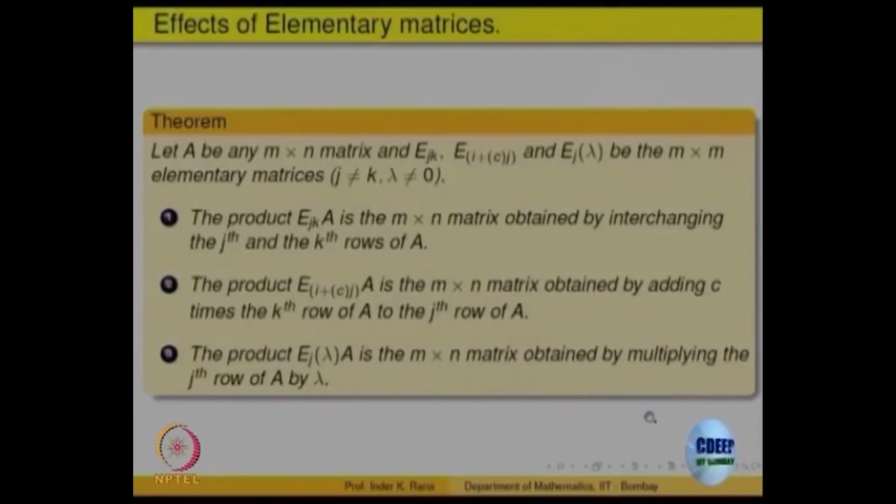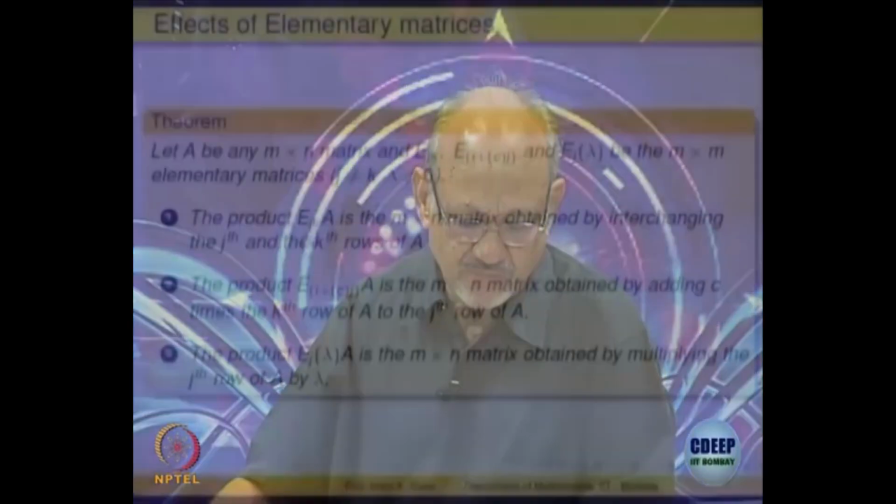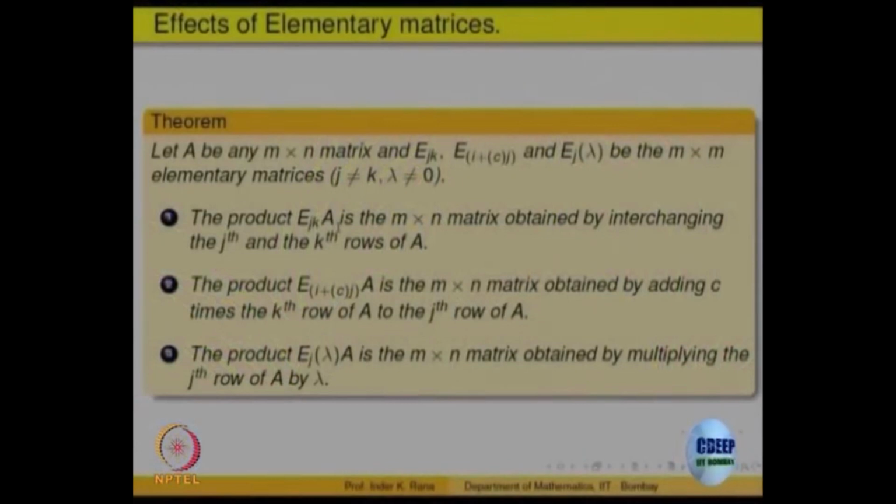Okay. So, the theorem says, we will not write down a formal proof of this, one can write down, multiply and look at the ijth entry of every matrix. So, it is only a matter of writing; we will see how we use it. So, it says the product of ejk with A, okay. A is a matrix which is m cross n, m rows n columns. So, what should be the order of that matrix ejk?